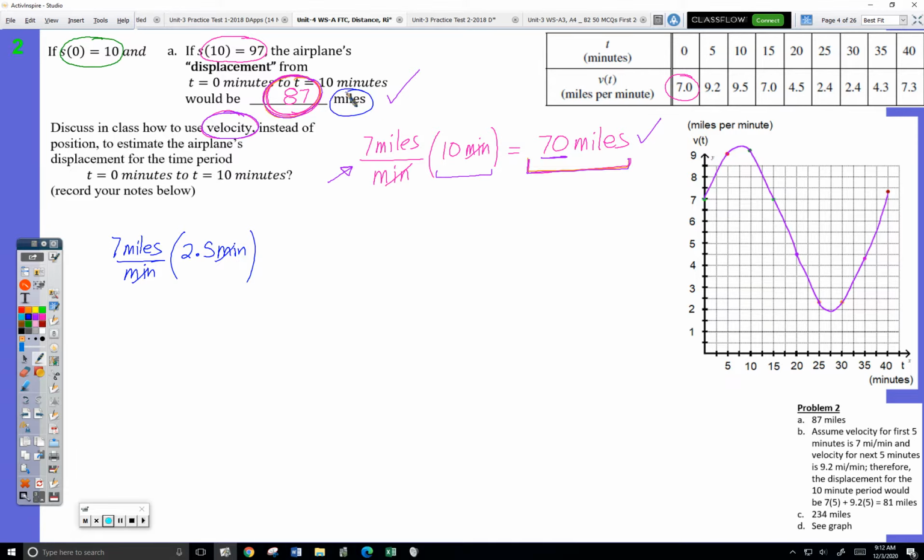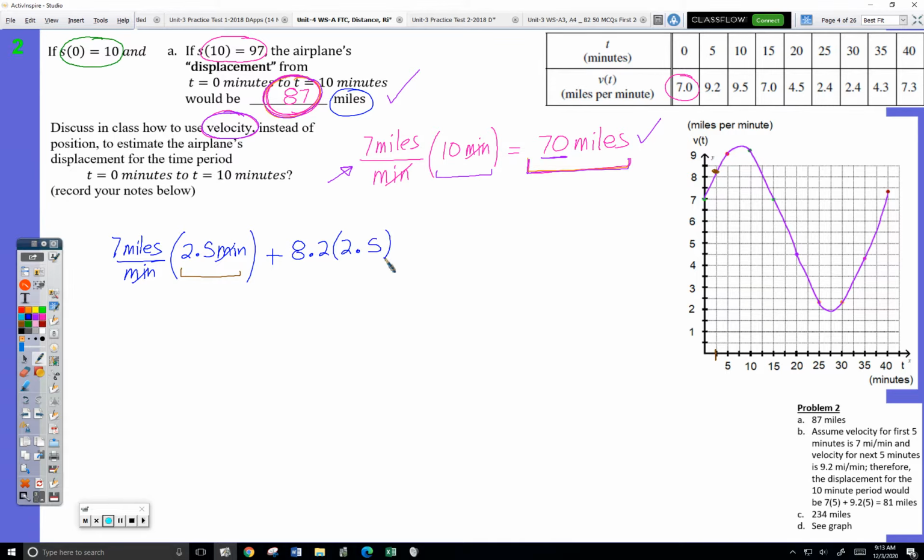Well, after the first 2.5 minutes, the velocity has definitely changed. So I'm going to come over here and inspect. Here's the 2.5 minute mark. So up here, it's kind of a guesstimate, looks to be about 8.2. And we'll say that that velocity is true for 2.5 minutes.